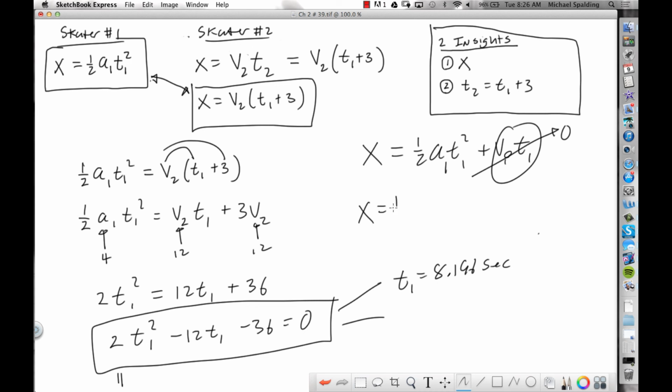We can figure out his displacement with the first kinematic. His acceleration was 4, and we now have the time. Should we plug in the rounded time or the unrounded? Unrounded. Don't round until the very end. So plug in 8.196 seconds squared, and we get his displacement to be about 134 meters.